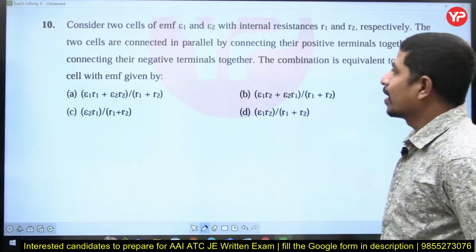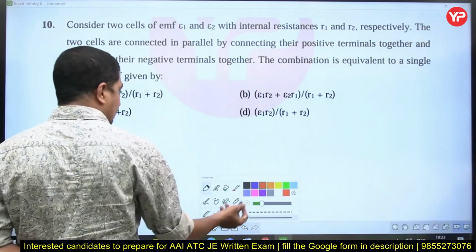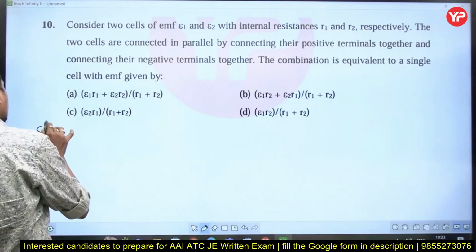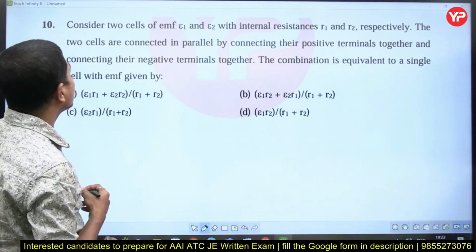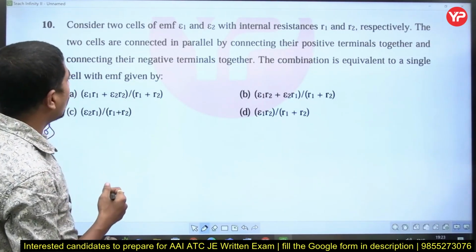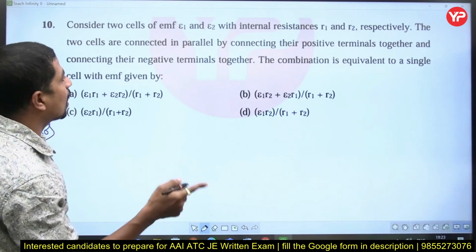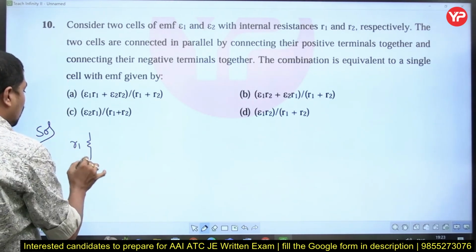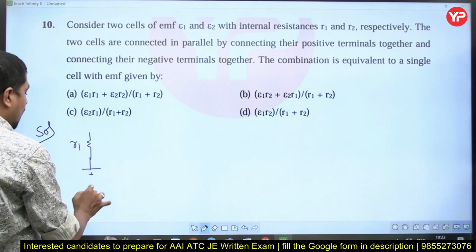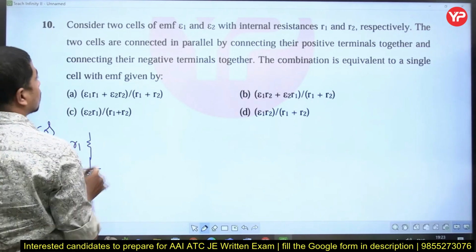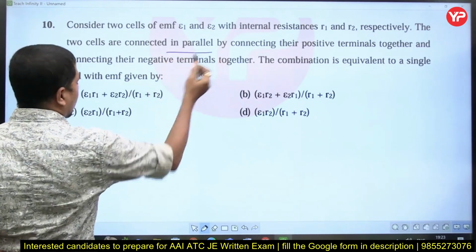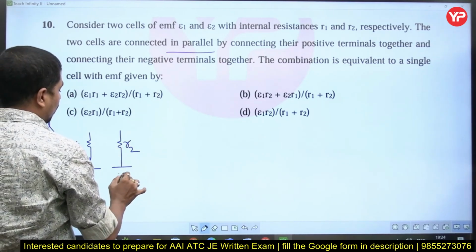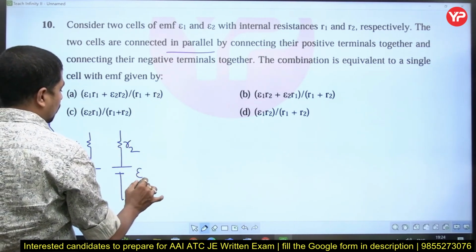Next, this question is also the same as that of batteries, but here instead of values he has given the symbols. Read it. Consider two cells of EMF epsilon 1 and epsilon 2 with internal resistances R1 and R2 respectively. This is R1, the EMF is epsilon 1 or E1, whatever it is. Then this is R2, and this is epsilon 2.